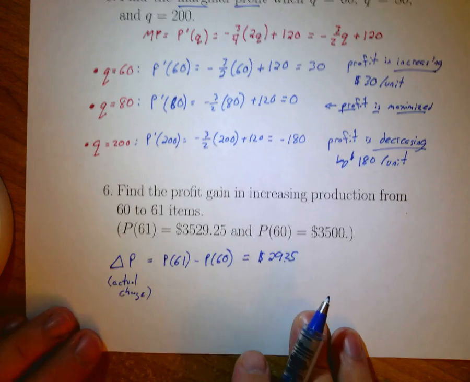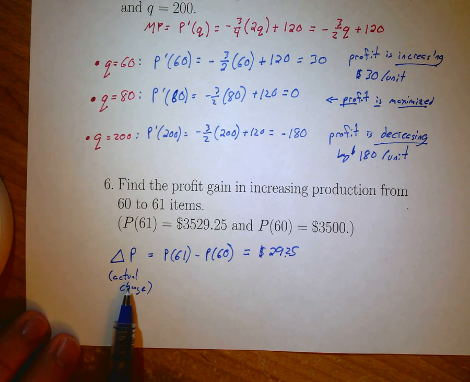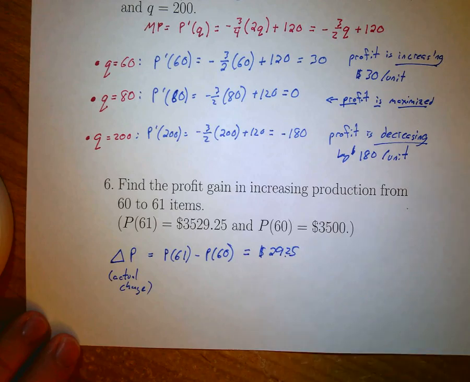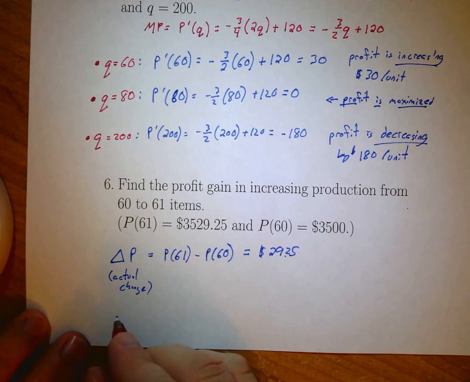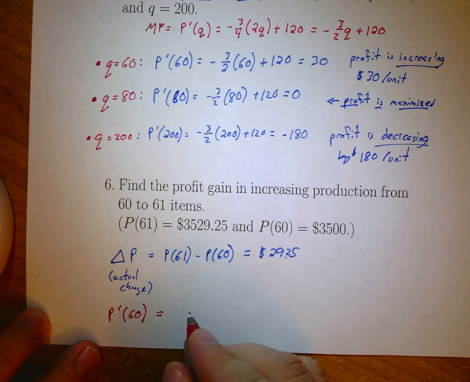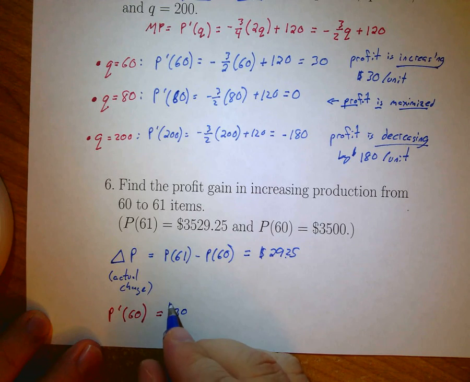Now, what's interesting is that you need a calculator to find the actual change because the numbers are horrible. But notice up here, the derivative of P at 60 was equal to $30 per unit.